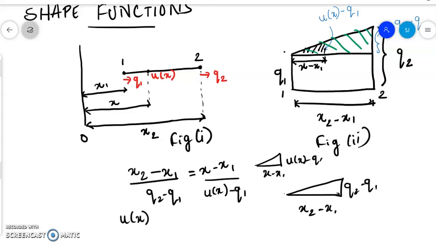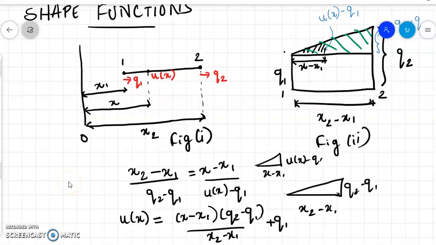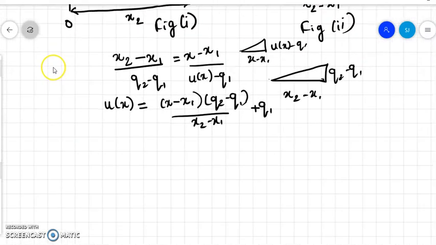So we get u of x equals x minus x1 into q2 minus q1 upon x2 minus x1, plus q1. This is what we get when we use the rule of similar triangles.